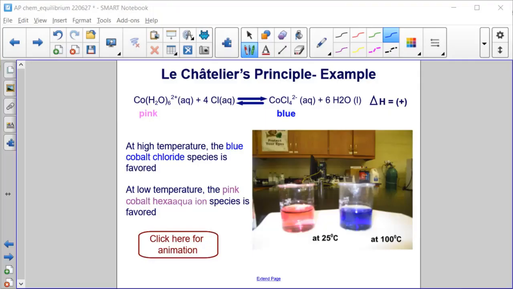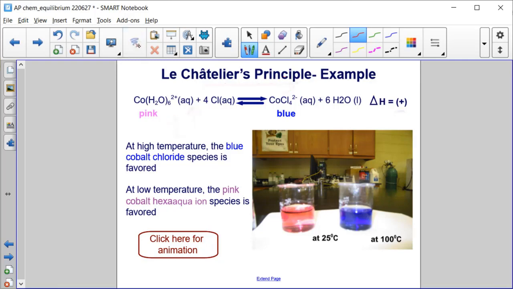So if heat is a reactant, because it's an endothermic reaction, what happens at high temperature? If we increase the temperature, add heat, we need to use up the excess. When we use up that excess, we're going to produce more product and shift our equilibrium to the right. And so when that happens, this cobalt chloride ion species is favored and the solution will be blue.